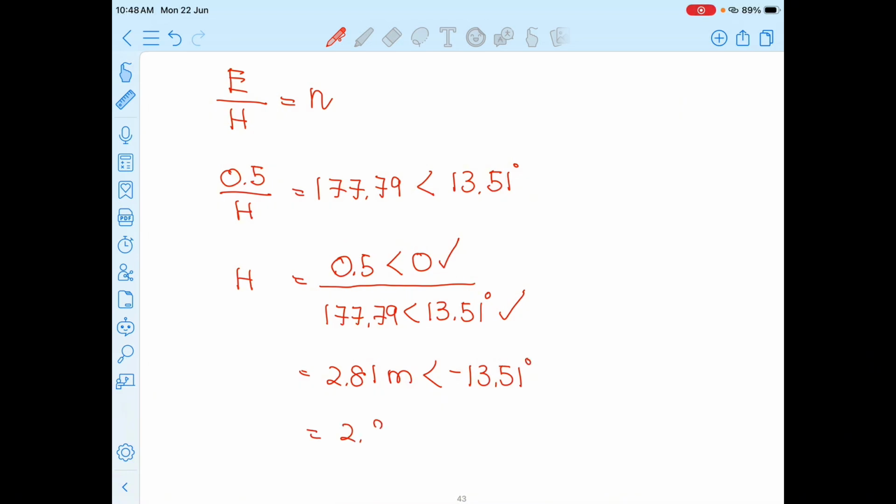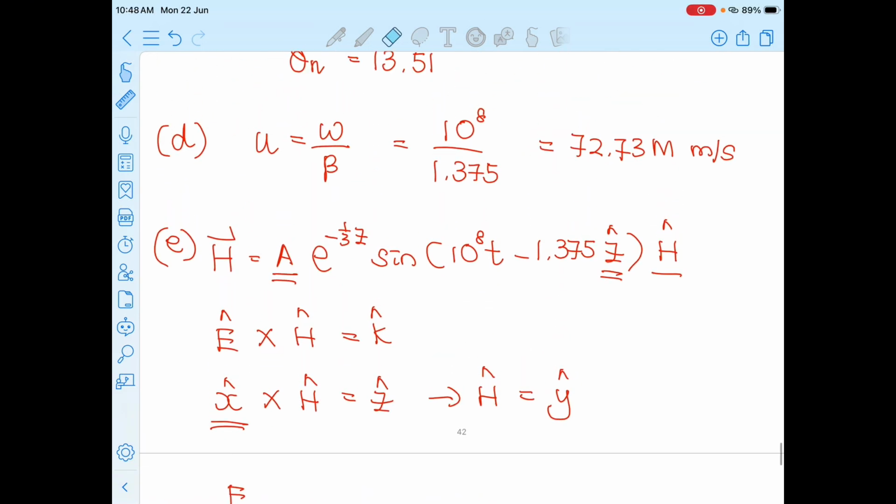If you want to write it as radians, you can convert it: 13.51 times pi over 180 is negative 0.23 radians.